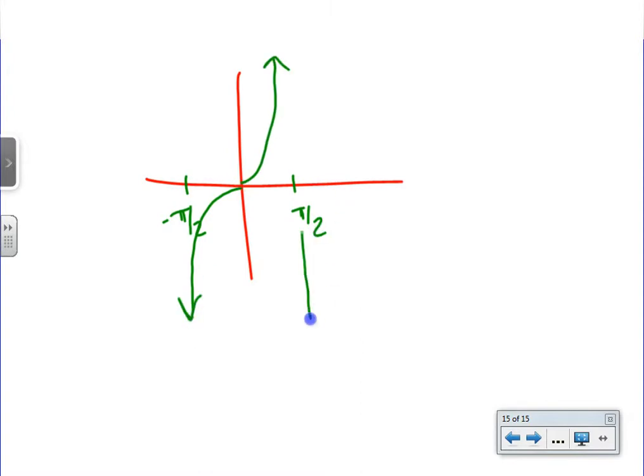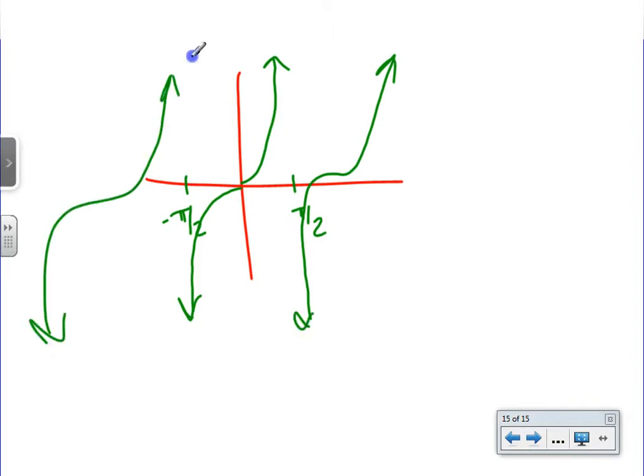And then he would do another one of these squiggles over here, and he'd continue on doing squiggles for the rest of his life. Do you notice what tangent has? What are these called? Vertical asymptotes. When you go to trig, you'll learn more about why he has vertical asymptotes. It's a fun time for trig. We'll save it for trig. But you never have to graph tangent for this class, so don't worry about it.